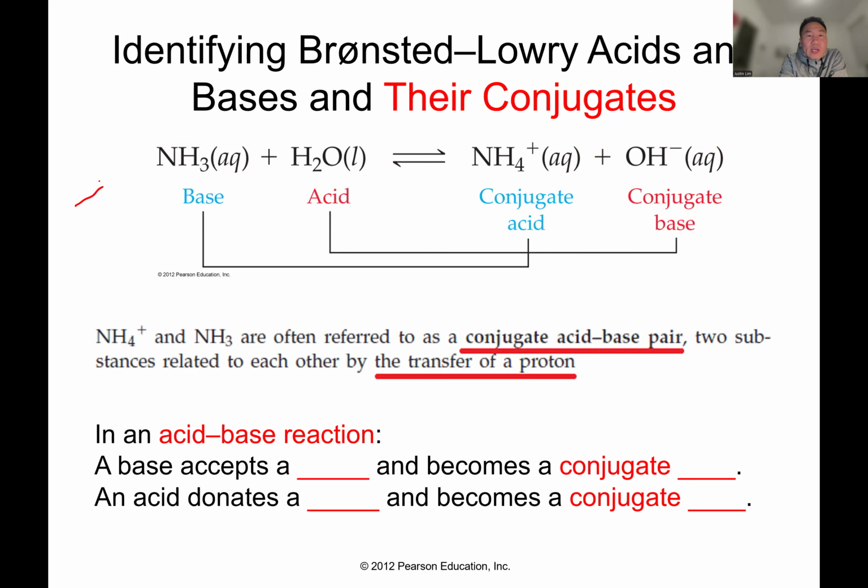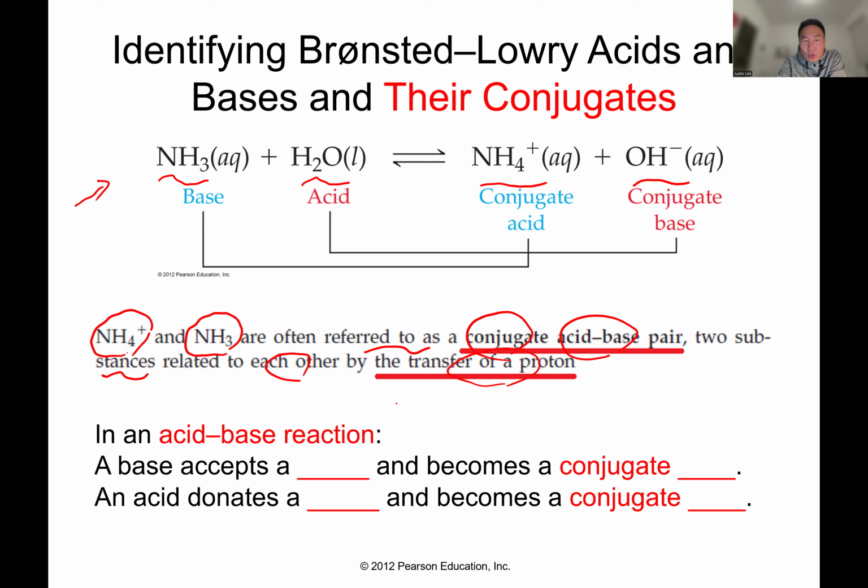In the chemical equation, ammonia reacts with dihydrogen monoxide to generate ammonium and hydroxide. Ammonium and ammonia are often referred to as a conjugate acid-base pair. The two substances relate to each other by transfer of a proton. Also, H2O and OH minus are the second conjugate acid-base pair.